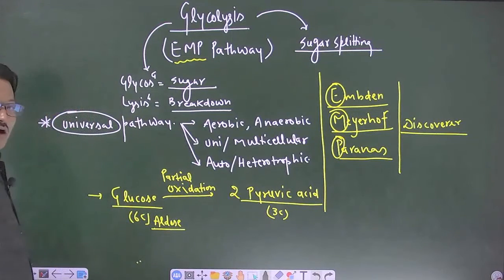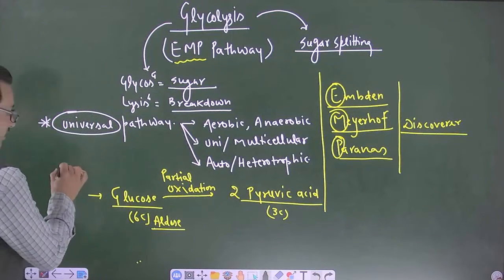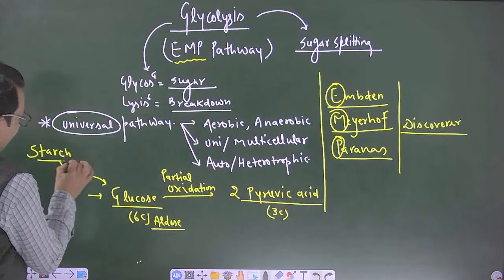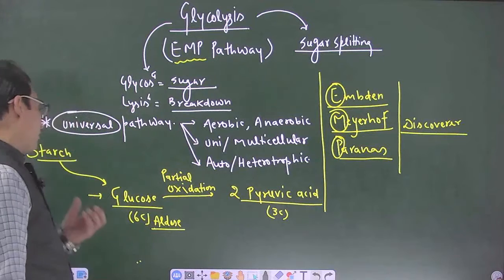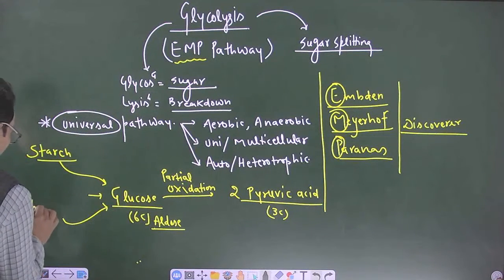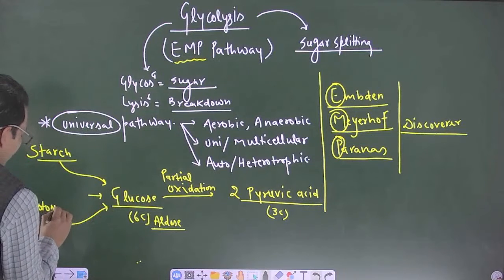This glucose is obtained from breakdown of starch, as in plants the stored carbohydrate is starch, or it may be synthesized by photosynthesis.